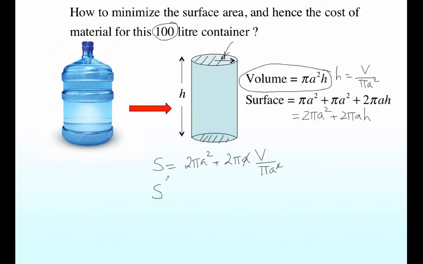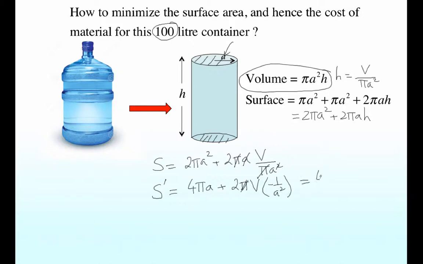Let's take the derivative dS by da, or S prime. That's 4 pi a. And then here we have plus 2 pi V. Sorry, the pi's and the pi's cancel. So we just have 2V. And then we need to differentiate 1 over a, which is minus 1 over a squared.